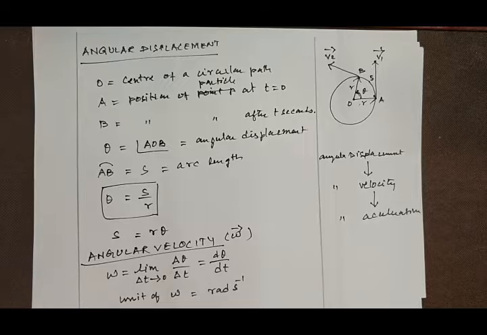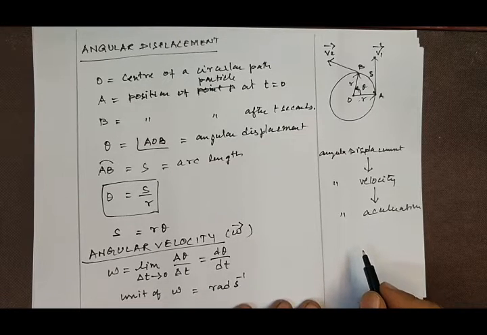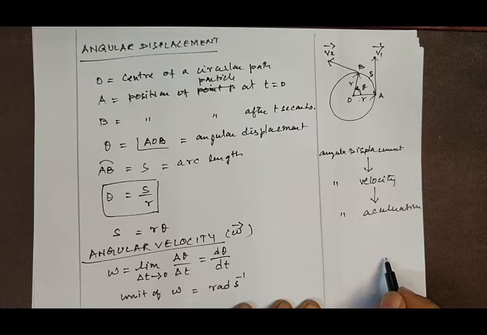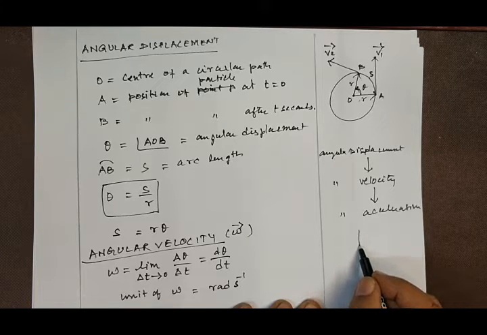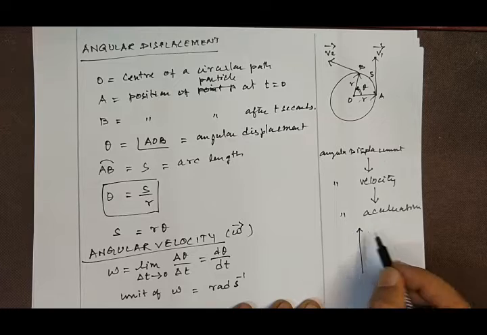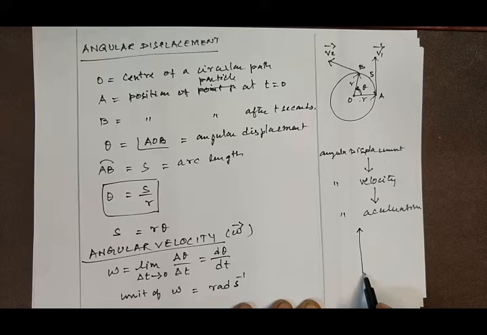So the direction of angular velocity is along the axis of rotation. So let us represent like this. Let me consider this is the axis along the y-axis, you can say, and there is a circular motion like this.